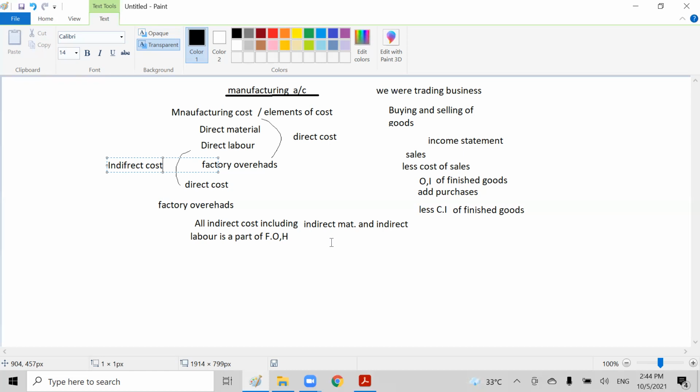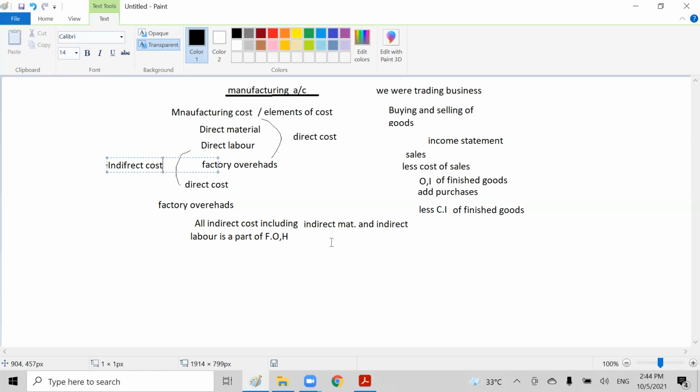But because the cost of nails is difficult to calculate, we will treat the nails cost as indirect cost, factory overheads. The reason behind this is that in calculating the cost of nails, we will spend more time and energy than the actual cost of nails.